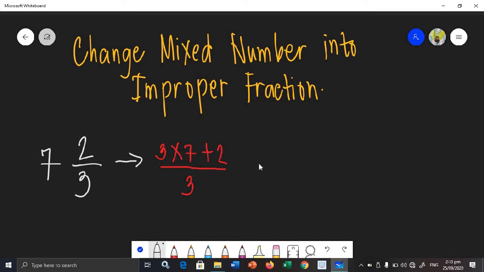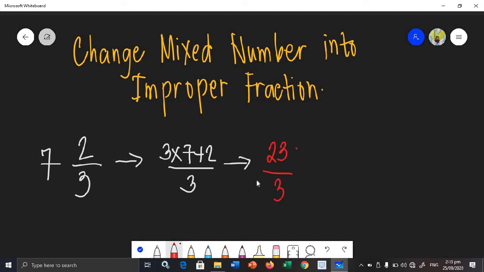Ganyan yung mayayari nun pag nire-write ko siya. So, 3 yung denominator mo. Yung numerator mo is 3 times 7, here, the whole number, and then plus 2. Now, computing for the numerator, 3 times 7, that is 21, plus 2, that is 23, all over 3. Yun na ngayon yung improper fraction na katumbas ng mixed number na given.